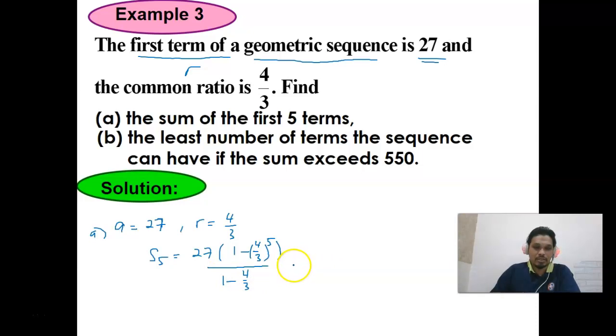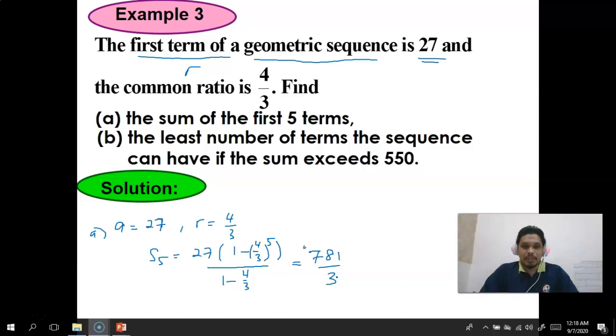You may still recall, find the solution step by step until you get the answer, which is 781 divided by 3. Okay, now the next one.